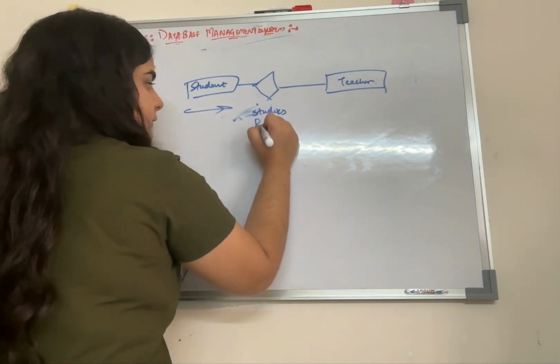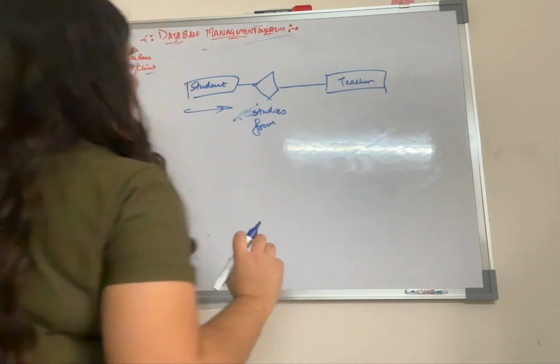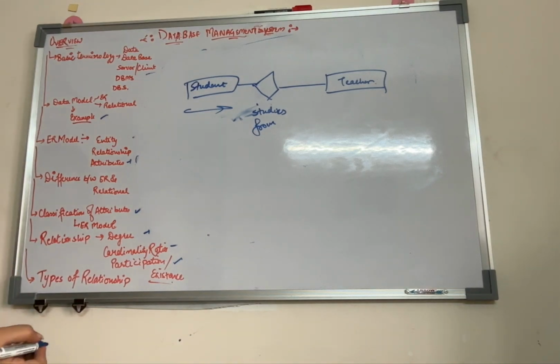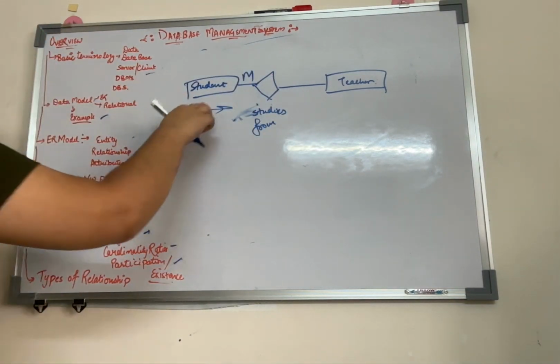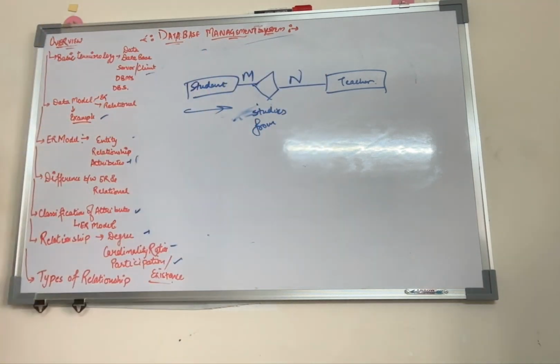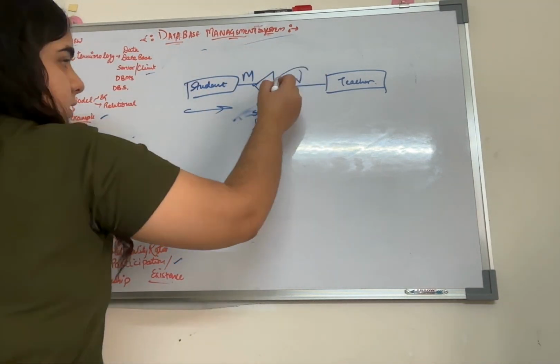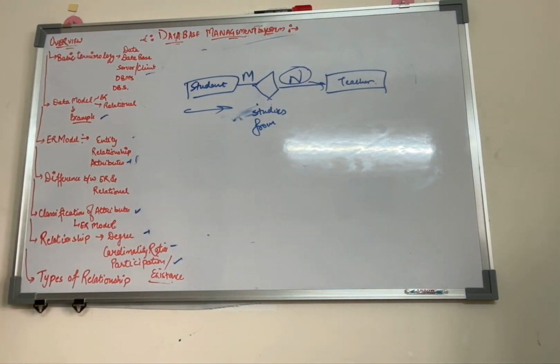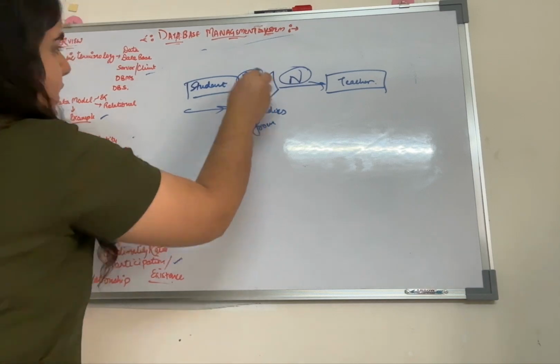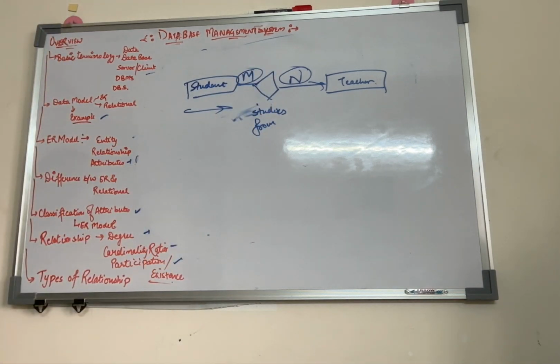So studies from teacher. Now it might be the case that a teacher can have at most m students, and a student can have at most n teachers. There are n teachers in total in the school, and there are m students in total in the school.